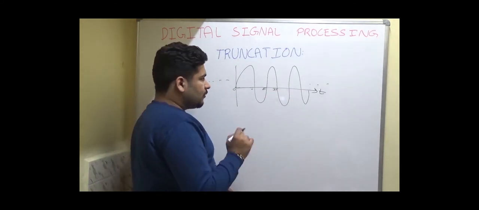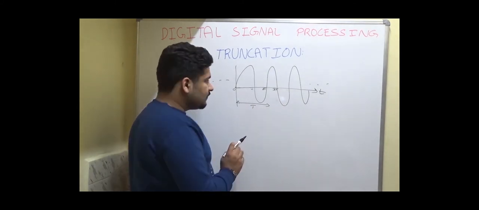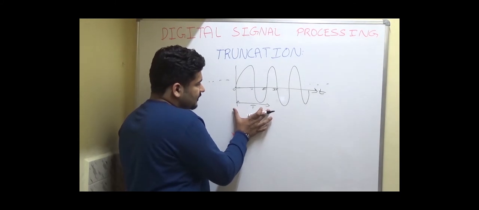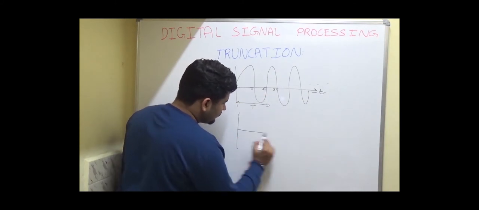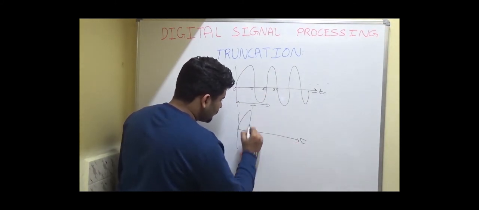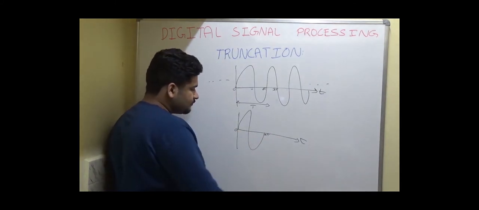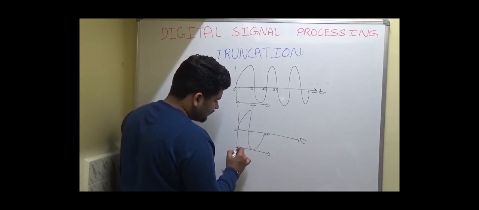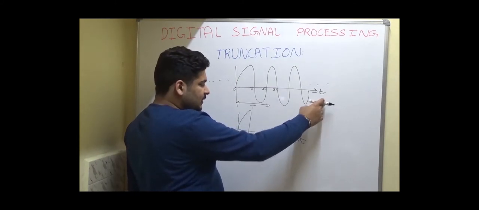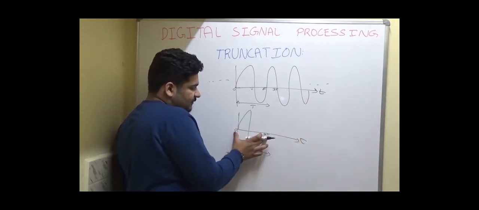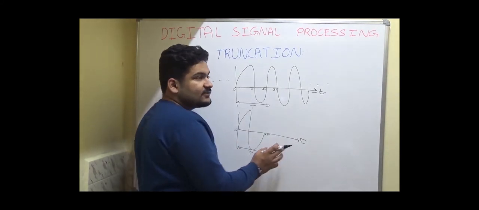Now if I assume that this is T, which is the time period, and I want to truncate the signal only between 0 to 2 pi, I just write it as, this is the time axis, from 0 to 2 pi, which is T. So the signal which was infinite and periodic, I have extracted a part of a signal. Now this signal is non-periodic and it is finite as well.